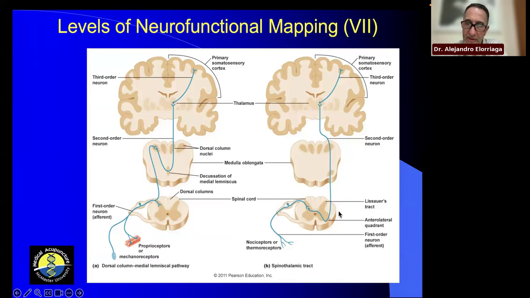If one side of the spinal cord gets affected, the signals that came from the other side get interrupted, so you suffer anesthesia on the contralateral side. And on this side, it will interrupt the proprioception and mechanoception, so you will suffer a loss of proprioception on the ipsilateral side. So spinal cord patients have this duality in the topography of the presentation of their problem due to this anatomy.